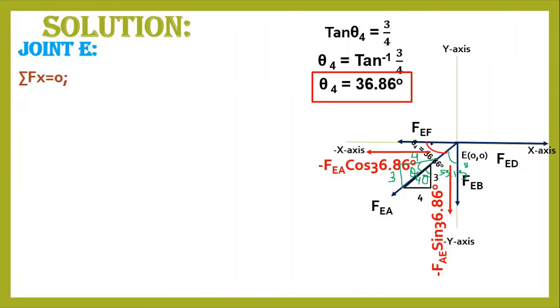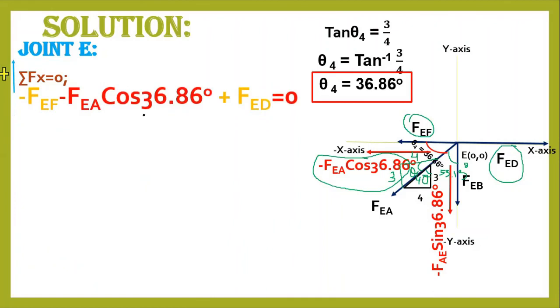So summation of Fx, what I have to select is FEF, this one, and the FEA component, and there is another member force that is FED. So you can see in this equation, minus FEF, this is minus 1, minus FEA cos 36.86 plus FED.